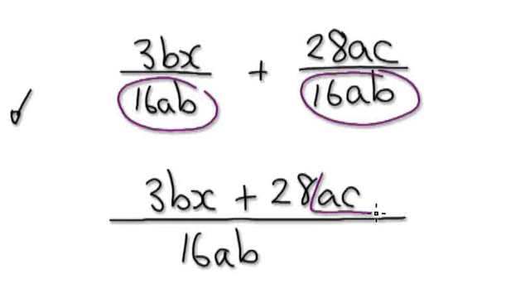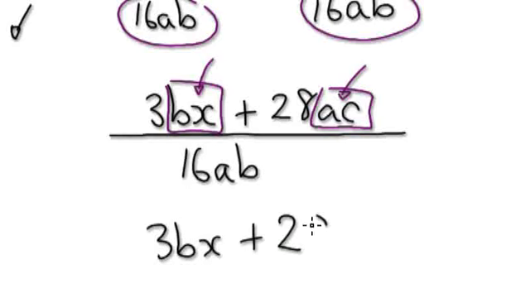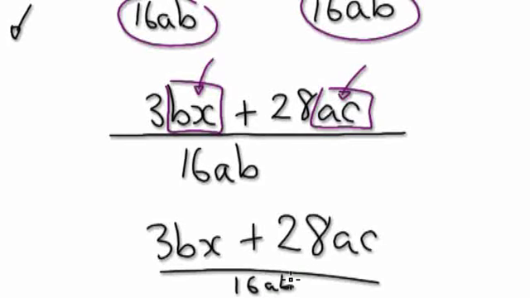So here it's like this is a different entity from this. This is like your Liga, and this is like your Lie graph. They're two different entities. You can't merge the two. So you just have to leave it as it is, which is 3bx plus 28ac over 16ab.